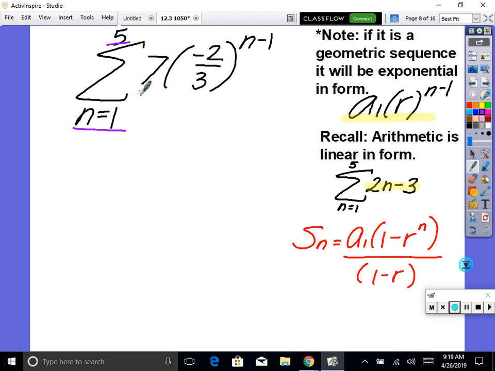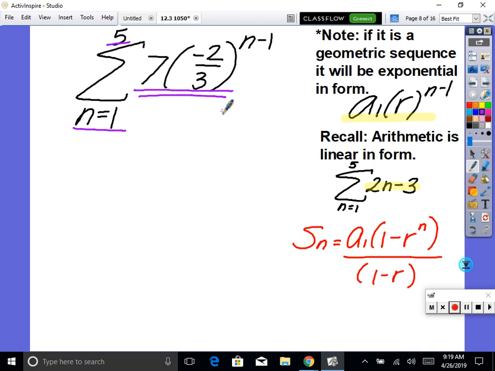Now notice right here, this is something to note. If this is a geometric series, what this formula will always be right here is exponential. Because exponential things are when we're timesing by something each time. So notice this has the form a sub 1 times r raised to the n minus 1.